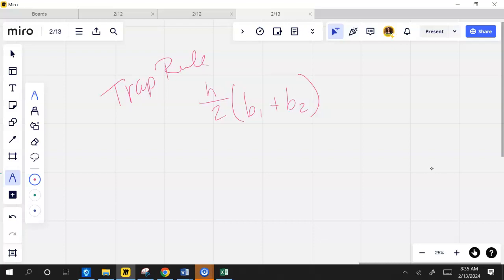So, here we go. The first two go between 0 and 10, so that's 10 over 2 times 3 plus 6 plus.